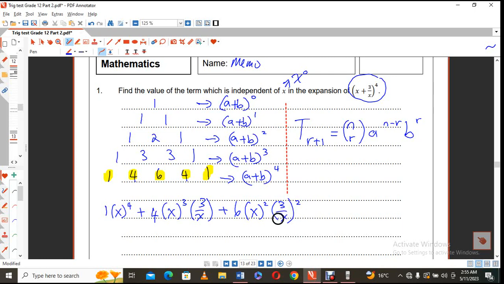I hope that you follow. Plus 4, and this is going to be x raised to the power of 1, and this is 3 over x cubed, and the last one will be 1, and then obviously 3 over x raised to the power of 4. So please take note of the coefficients as indicated.